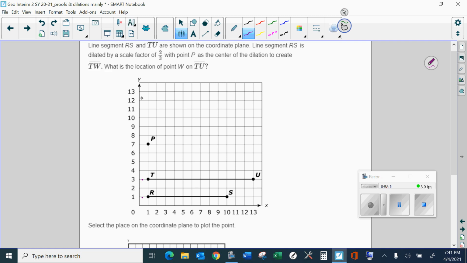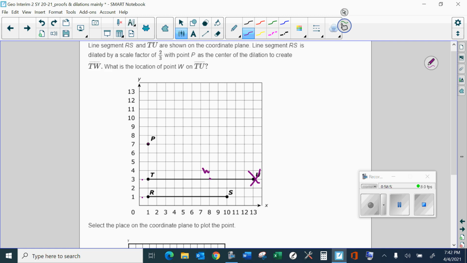Line segment RS is dilated by a scale factor of 2/3 with point P as the center of dilation to create TW. Okay, so this U is not part of it. Say 2/3, it's got to be smaller. It's got to be somewhere in here.